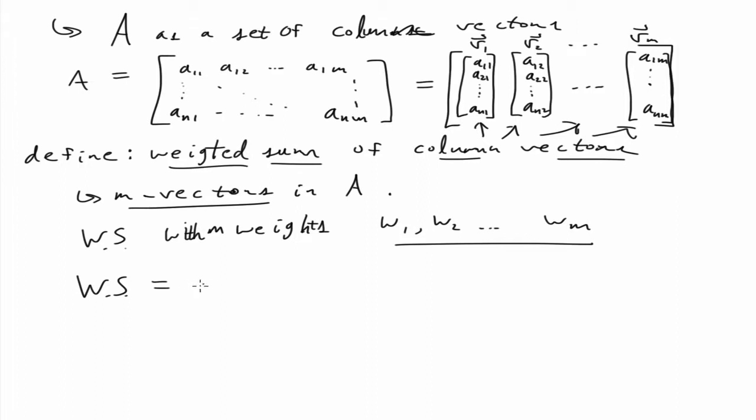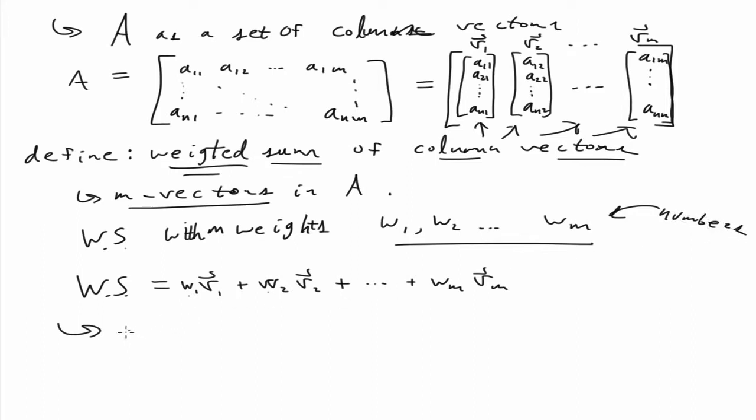Then the weighted sum is going to be W1 times V1 plus W2 times V2 plus, all the way to Wm Vm. We call it a weighted sum because we think of these as different weights. You might be unfamiliar with the idea of a weighted sum: a sum where we're weighting all of these different vectors according to whatever these numbers are. These are just some numbers.